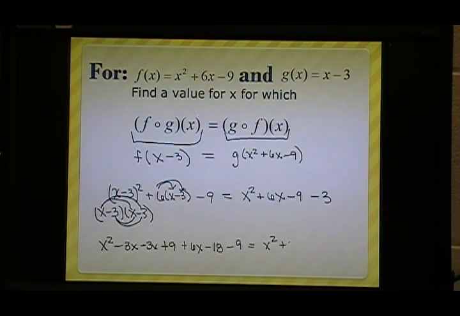On the right hand side, I can see that negative 9 and negative 3 are like terms, so I'm just going to go ahead and simplify that now. And working on the left hand side, bring down my x squared.